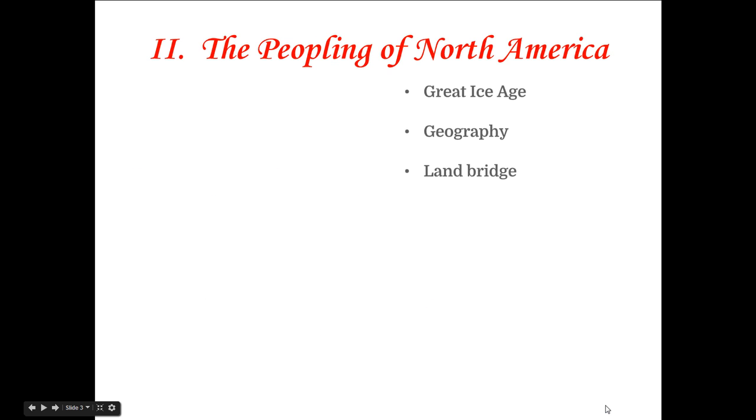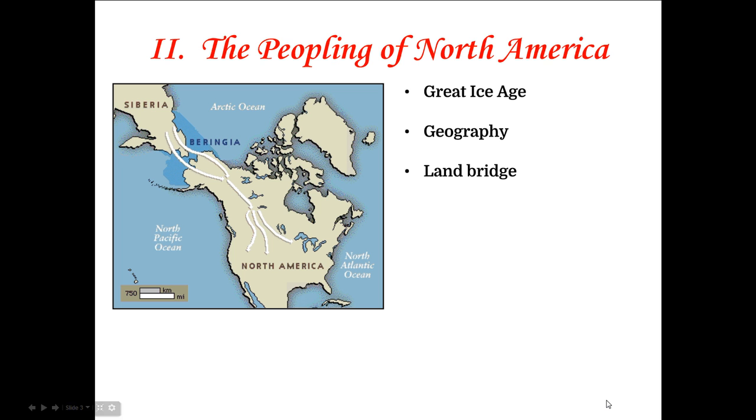So North and South America were isolated, but there was a time about 35,000 years ago, and this is during the Great Ice Age, which lasted a couple of million years.